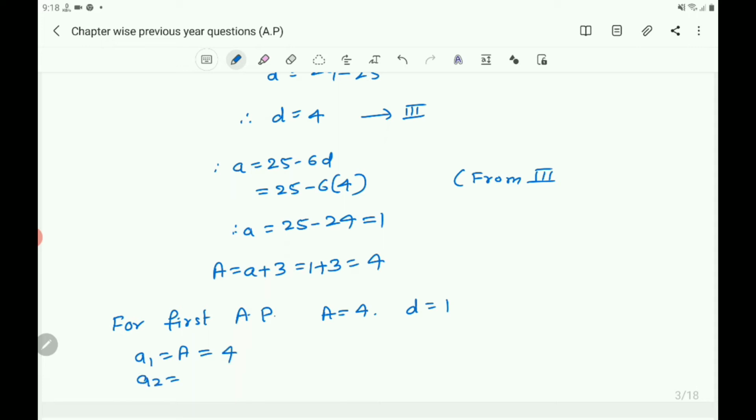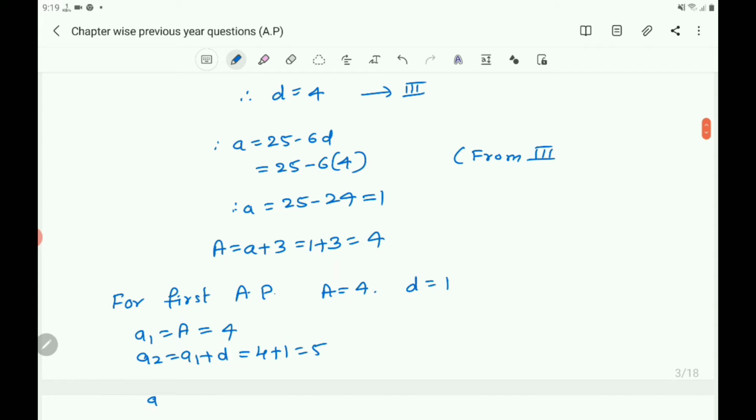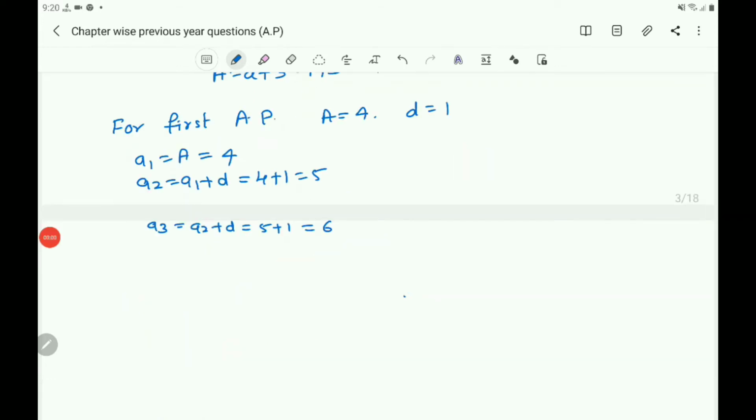Then a2 equals a1 plus d, that is 4 plus 1 equals 5. Then a3 equals a2 plus d, that is 5 plus 1 equals 6. Therefore the first AP, meaning arithmetic progression, is 4, 5, 6, and so on.